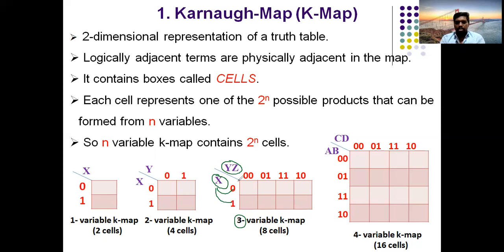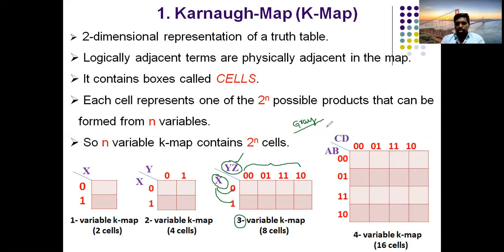Now, how to label the column values? As we are having 2 variables involved in a column, here we come across the gray code mechanism. Always the labels of the columns or rows where 2 variables are involved should be given with the gray code system.